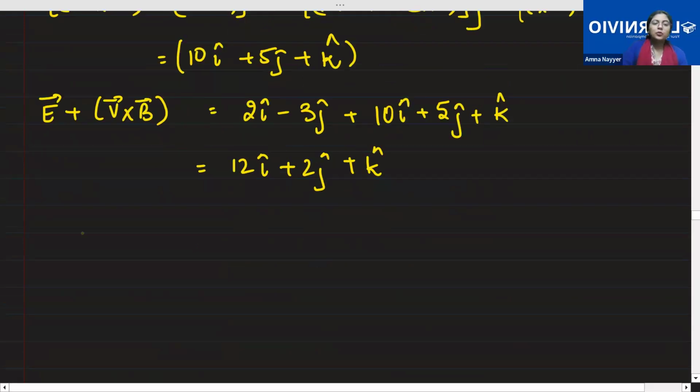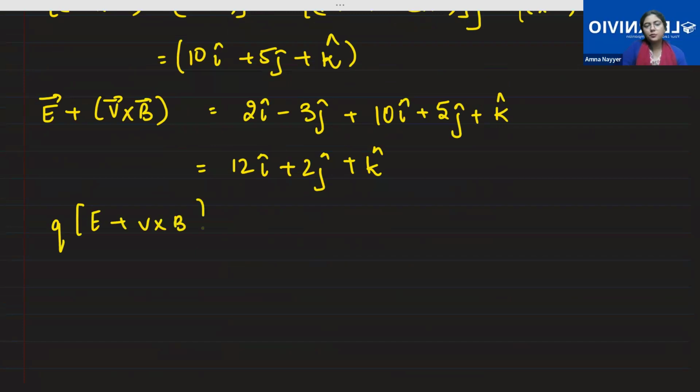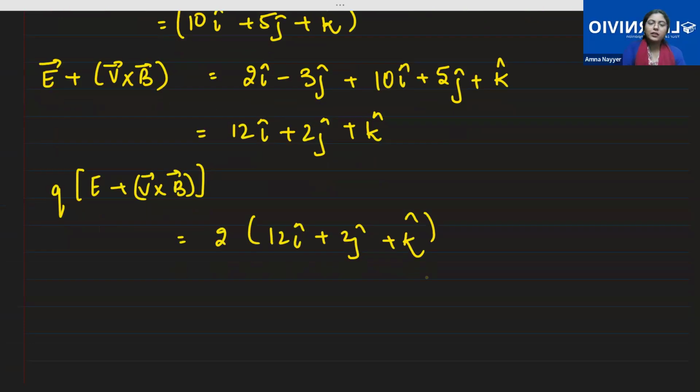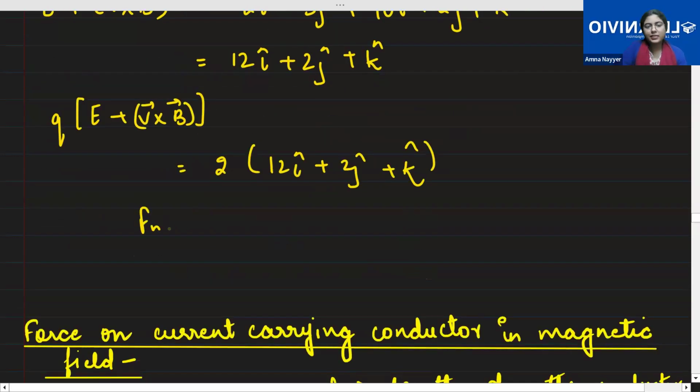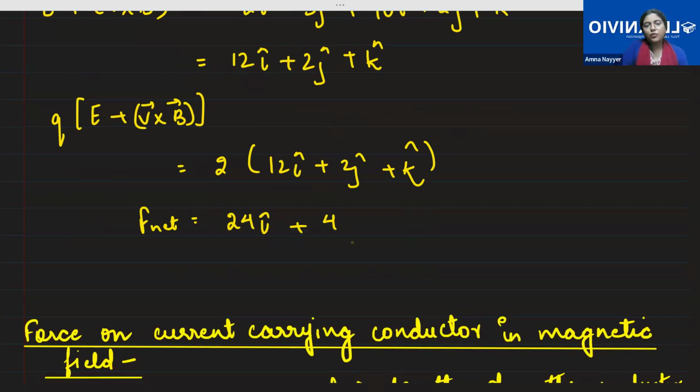Finally, we multiply the charge with all these things: Q into E plus v cross B. The charge is given as 2, so 2 into 12 i cap plus 2 j cap plus k cap. So the net force in this case will be 24 i cap plus 4 j cap plus 2 k cap. This much of Newton is the final answer.